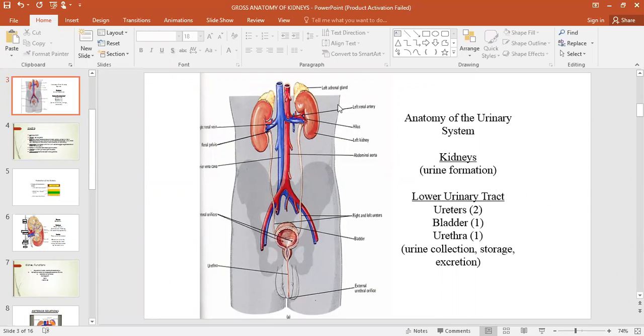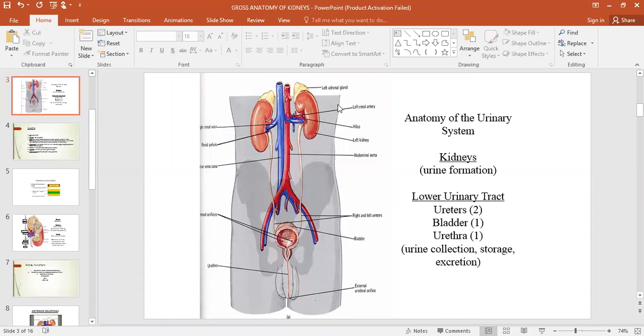So the urinary tract is the factory for the formation of urine. Okay. Urine is filtered and formed in the kidney, then it travels from the kidney by the ureter to the bladder, and from there it is excreted through the urethra.